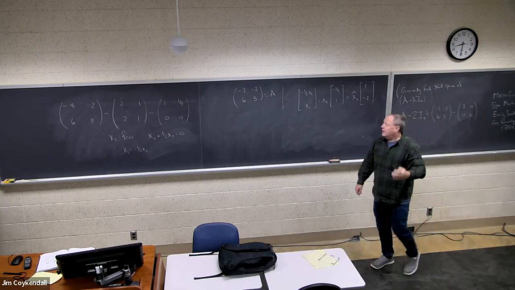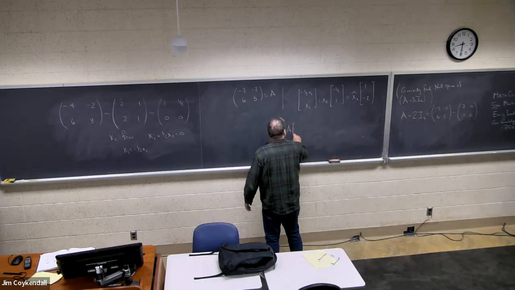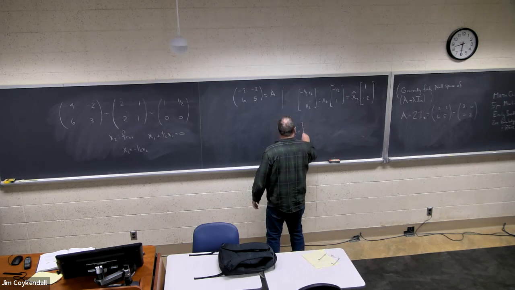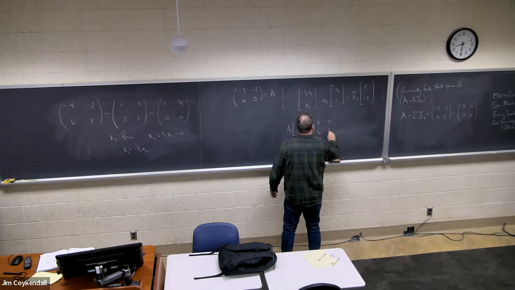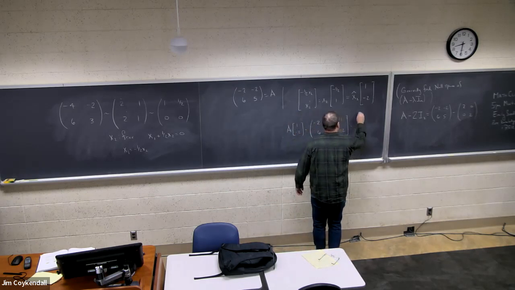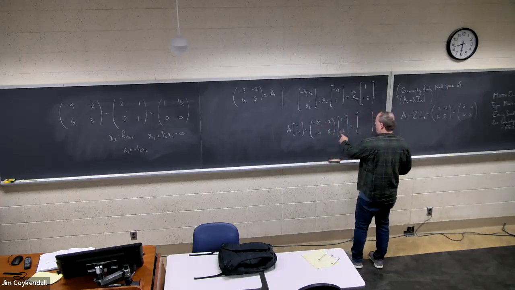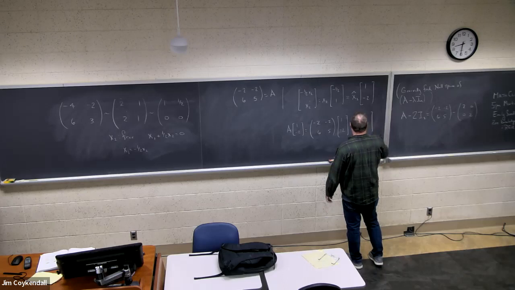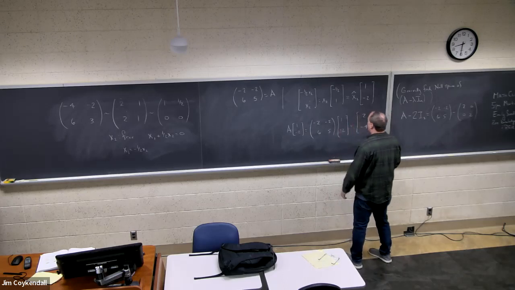By the way, let's check. What happens if you look at A times (1, -2)? This is [-2, -2; 6, 5] times (1, -2). And this turns out to be -2 plus 4, which is 2, and 6 minus 10, which is -4.